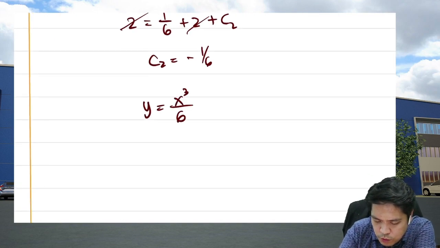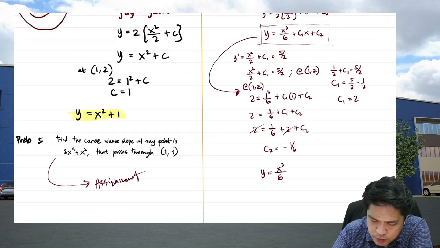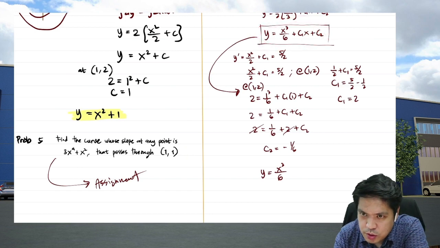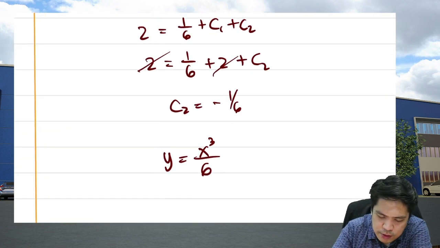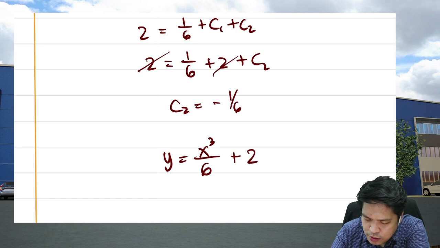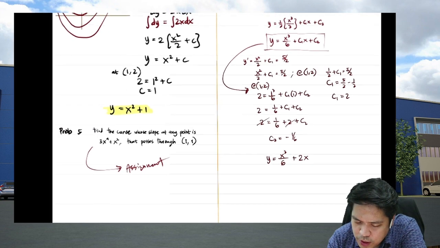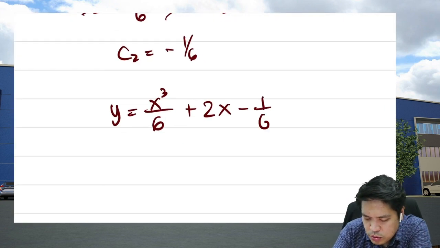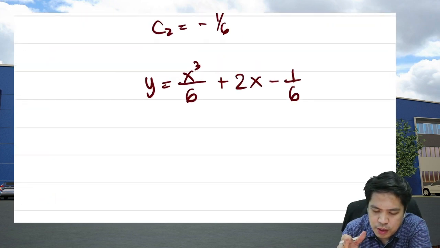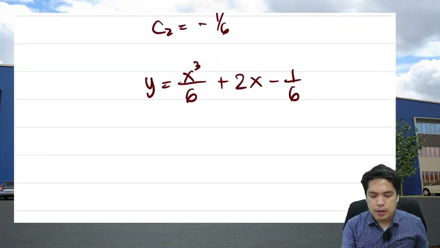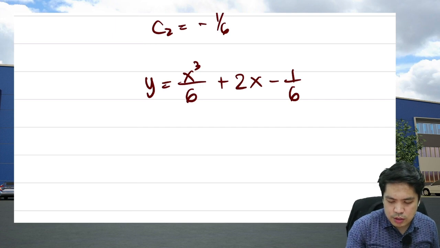x cubed over 6, ano na yan? We're following this, x cubed over 6 plus c1 x, tama ba? C1x plus C2. Okay? Then if we multiply all terms by 6, so pwedeng transpose na lang yung 6 to the other side.